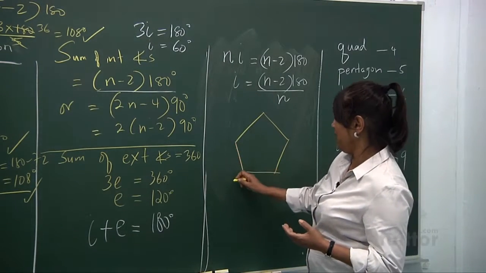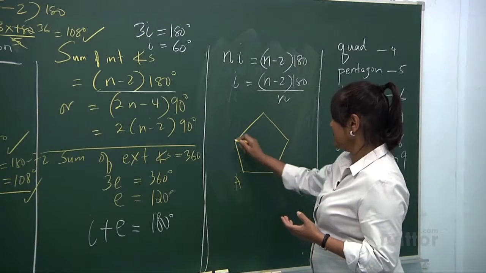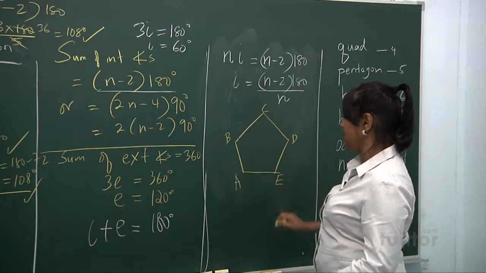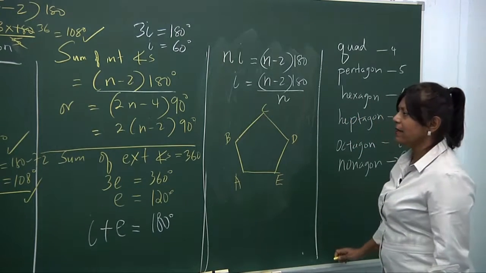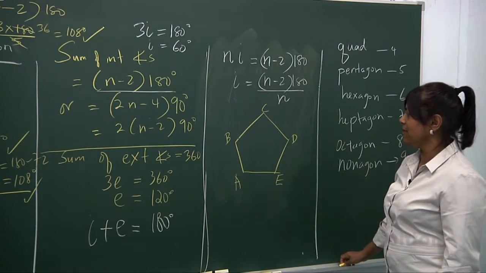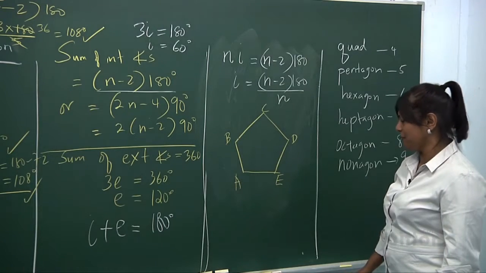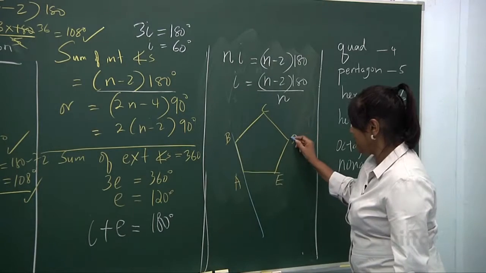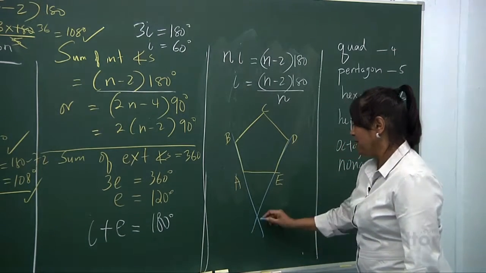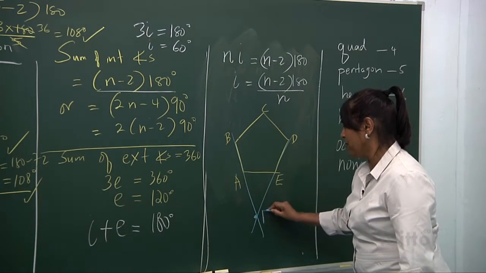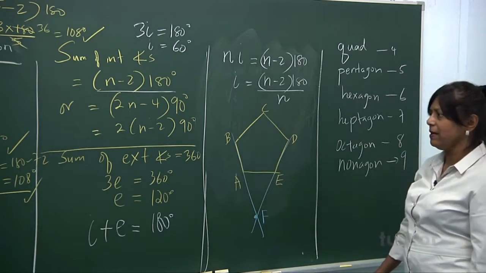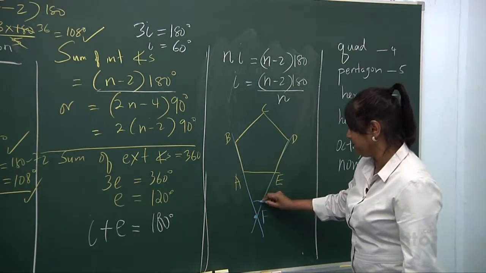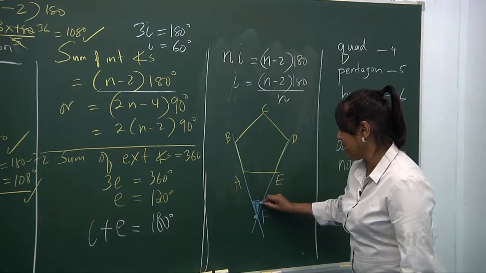We have A, B, C, D, and E. And they tell us that AB and DE are produced. So let's produce them. And they meet at this point called F. They want to find out the angle AFE. This angle. What is this angle?